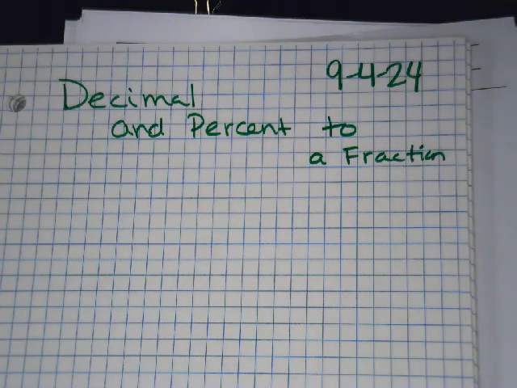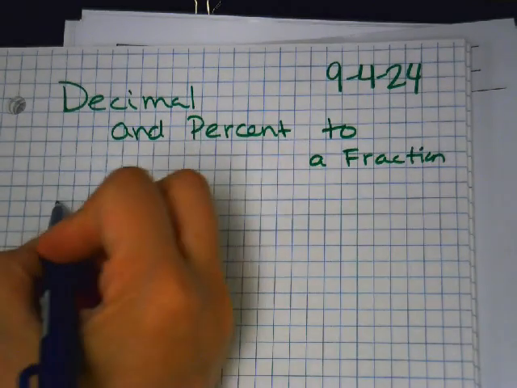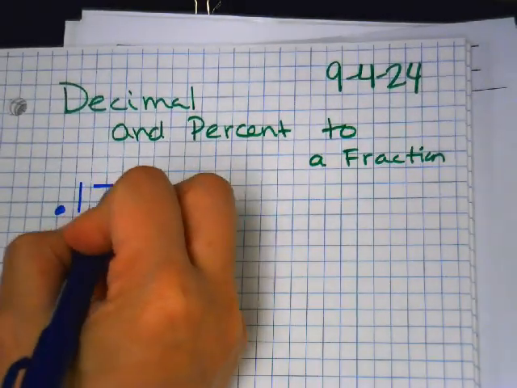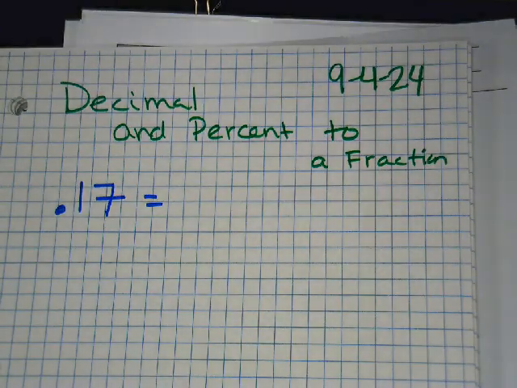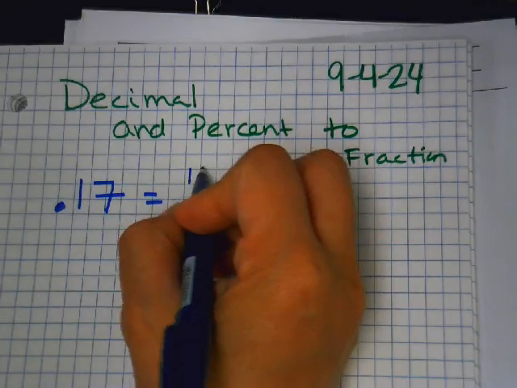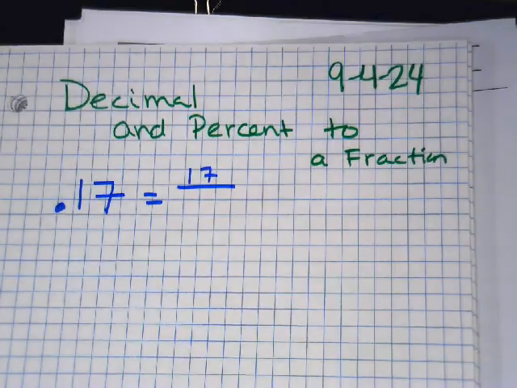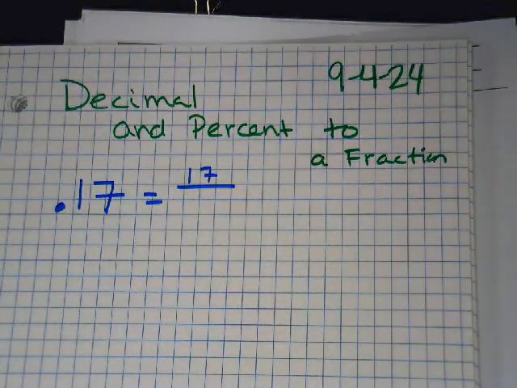And honestly, it's not that terrible. All right. If I give you the decimal 0.17, what fraction is equal to 0.17? 17 over, what is a magical number that goes underneath? 100.